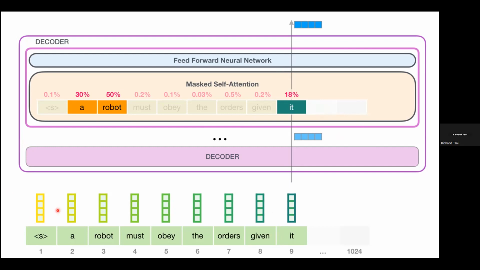Then, to make these scores more manageable, GPT normalizes them using a process called softmax. This ensures that the sum of all scores equals 1, making it easier to interpret and use in subsequent steps. So we are now going to predict the word after it.